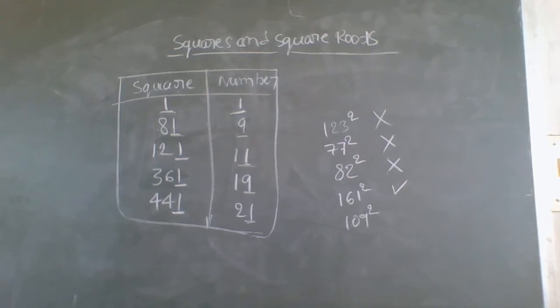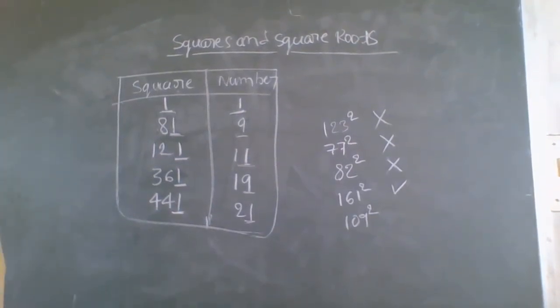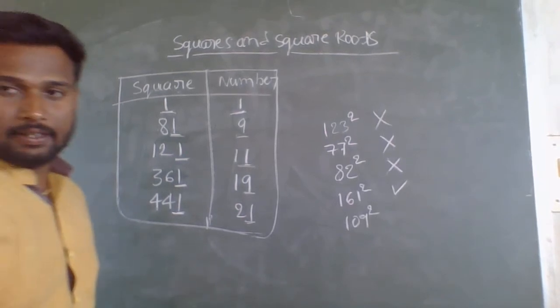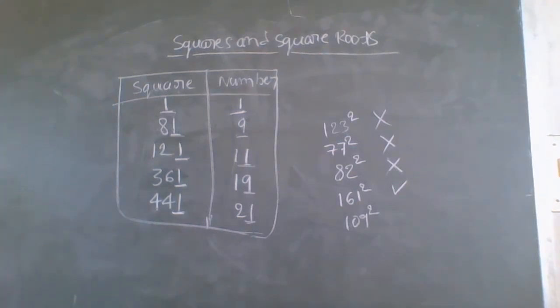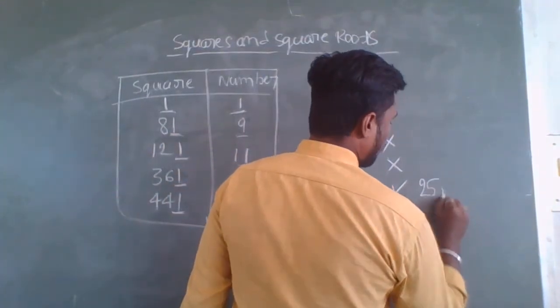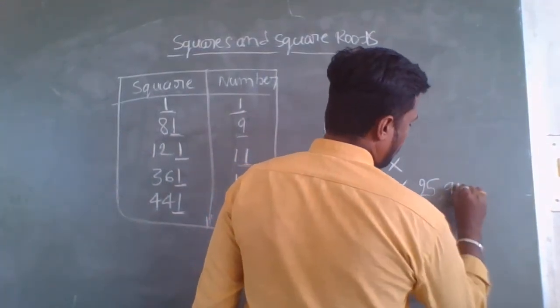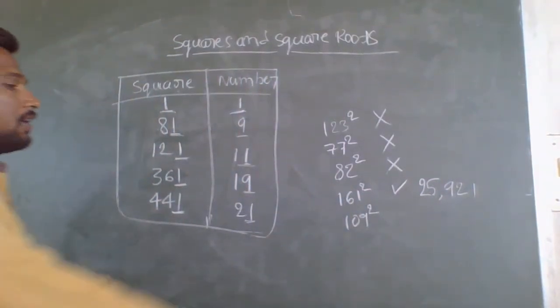So if you check 161 square, 161 into 161, what will you get? Try to check that. Here I will write it directly: 25,921. 25,921 ends with 1. Like this only 109 square.